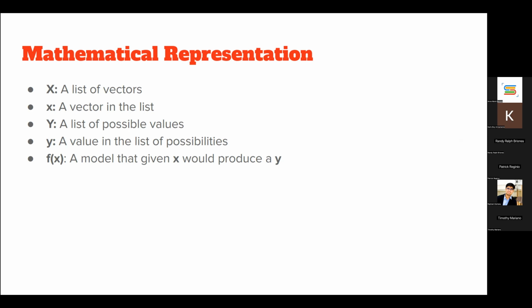Now, because X numerically represents some observation, the outcome, buy, sell, or hold, that outcome is represented as Y. Okay? Lowercase y is simply a value in the list of possibilities, not a decision that we have to make. Capital Y is your list of possible values.